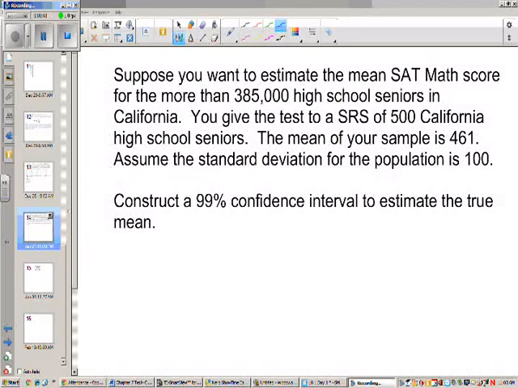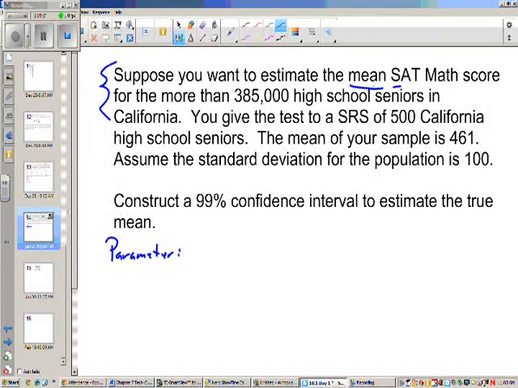All right, so the first thing we need to do is figure out what our parameter is. What do we want to estimate? And they talk about it up here. We want to estimate the mean SAT math score for the high school seniors in California. So we'll write that.